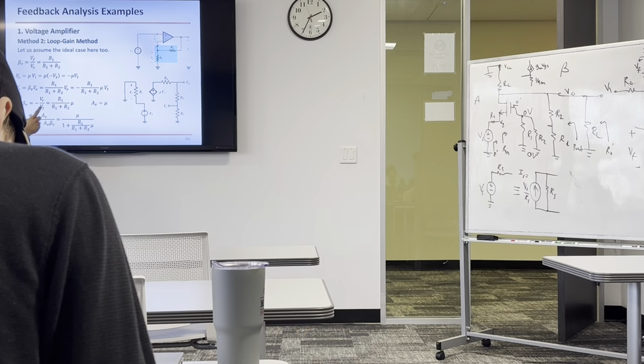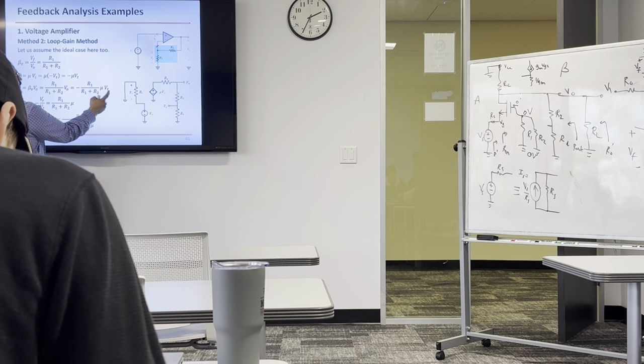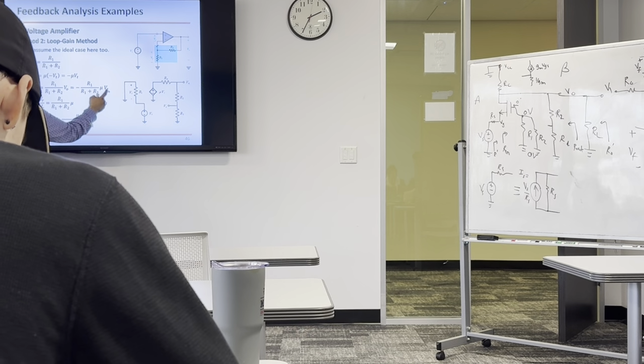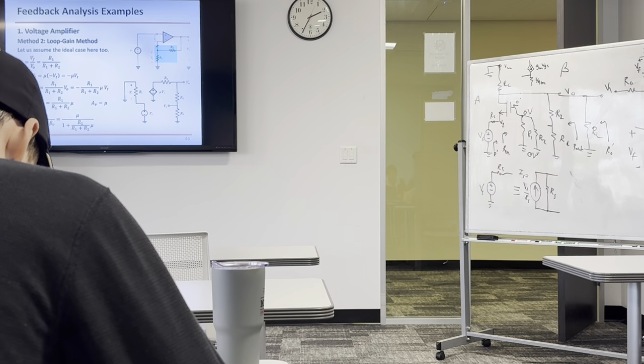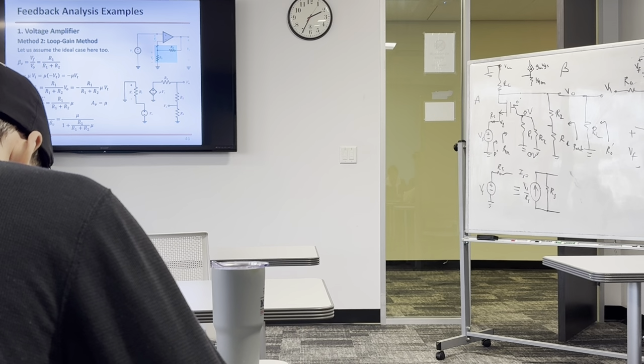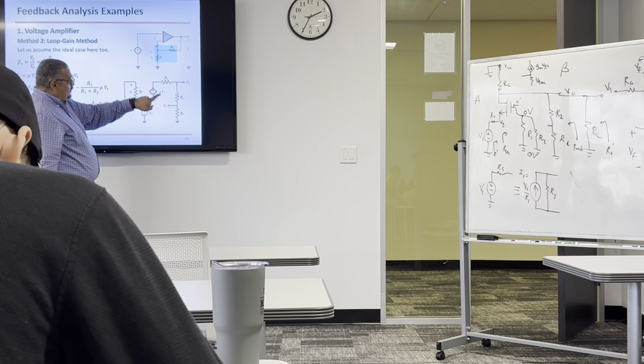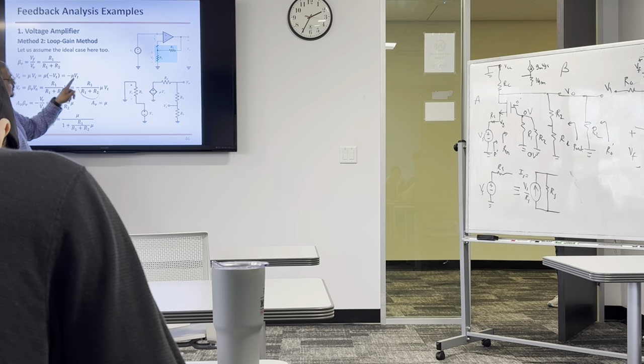Then you have a relationship between VR and VT. All you need is to divide VR by VT with a negative sign. So the loop gain is negative VR by VT, which ends up with this times this, which is correct, right? This is the feed forward gain, and this is the feedback beta.